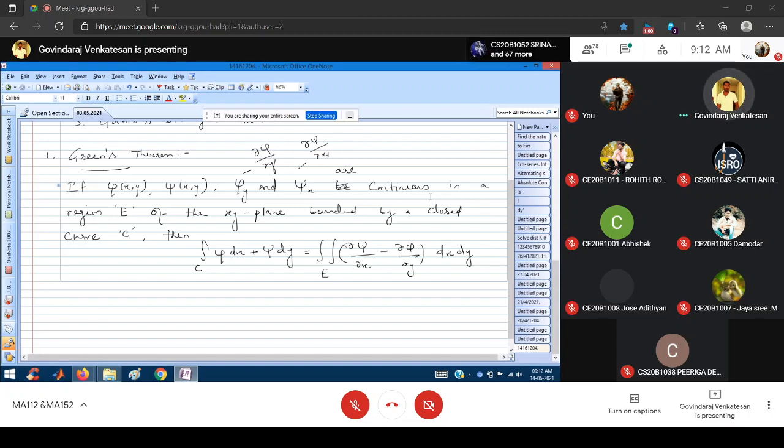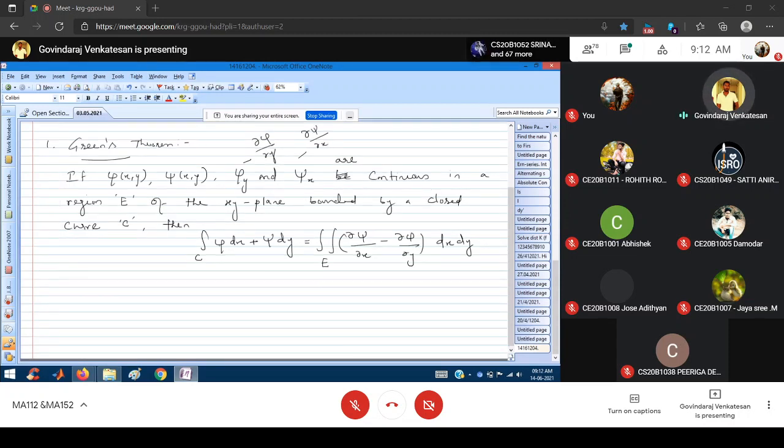So we can draw the picture here. This is my closed curve C in the first quadrant of x and y.